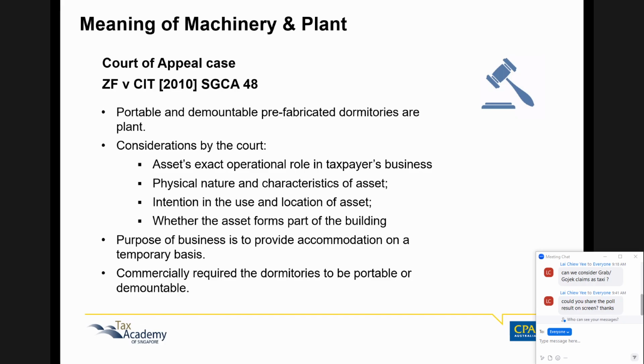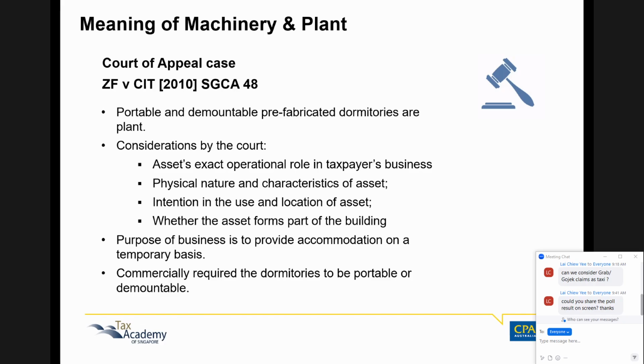They provide these portable and demountable places for workers to rest and sleep in. This is the company's business. So let's say now I'm in construction site A.